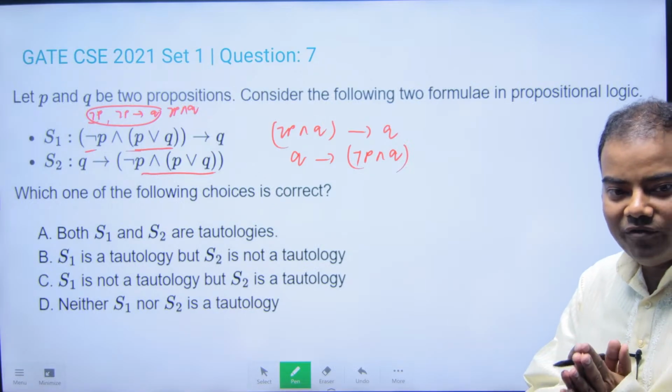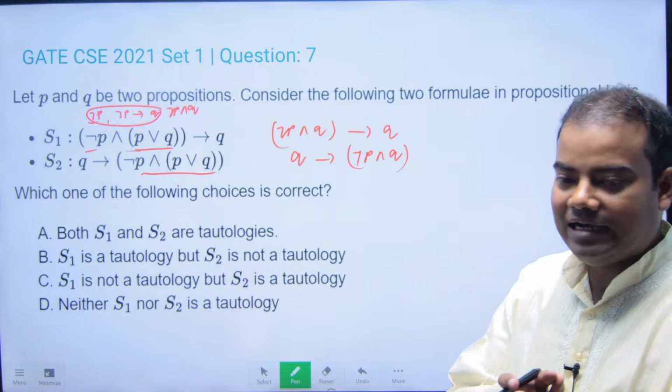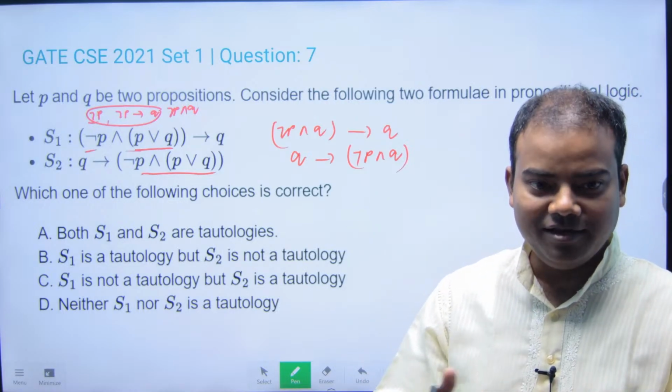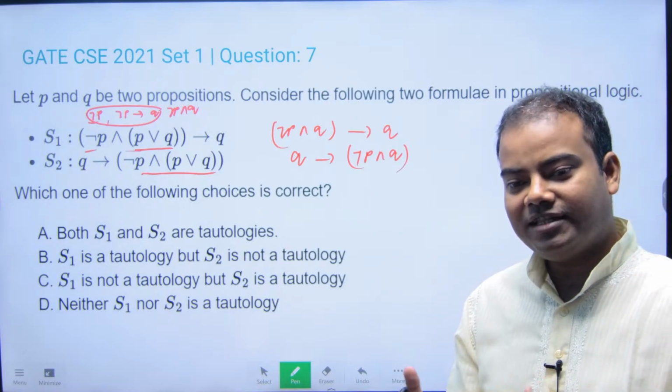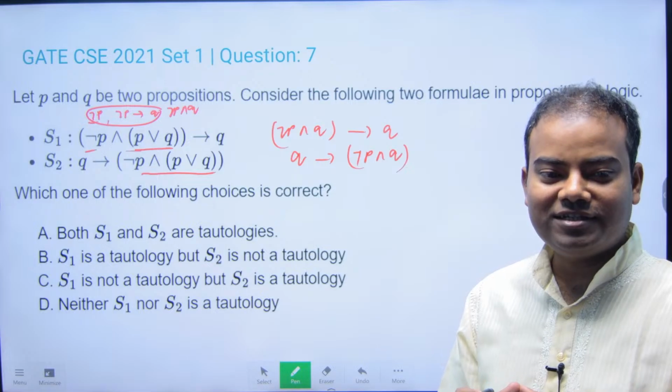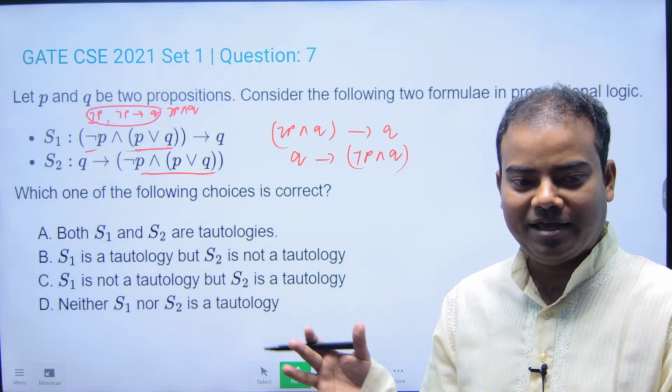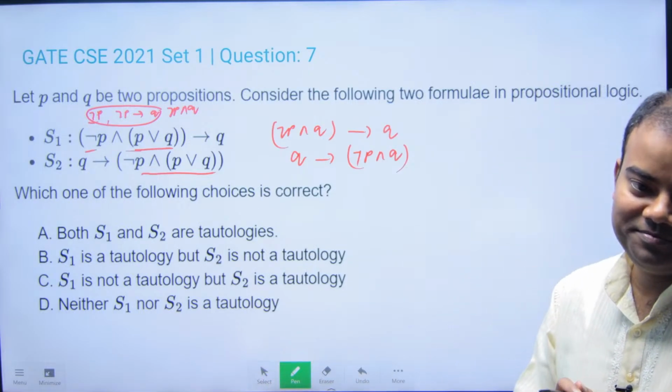For practice, always do the truth table first and then apply logic in the initial days. And after that, when you have understood the logic a little bit, then you can easily apply the logical formula.